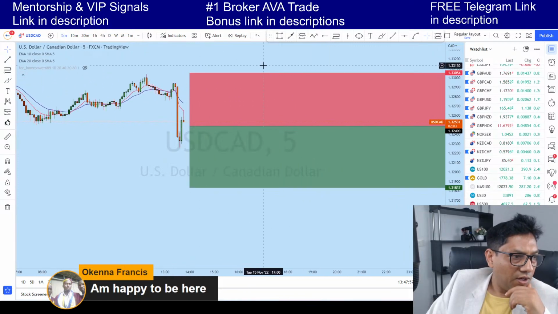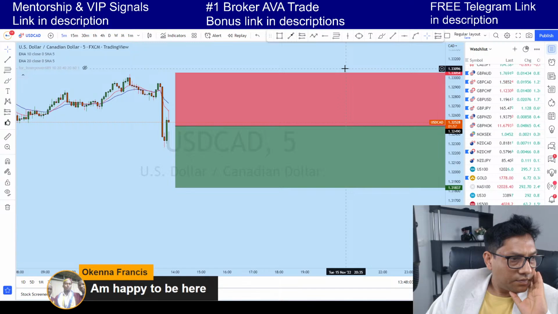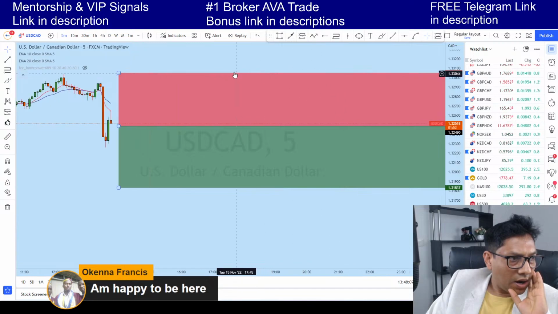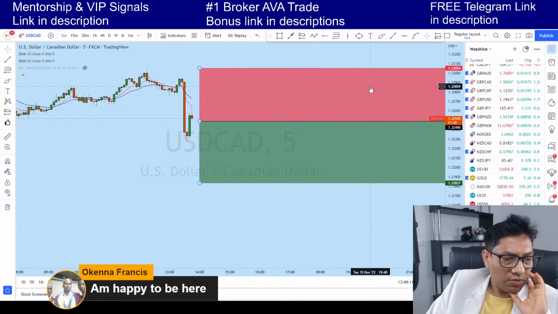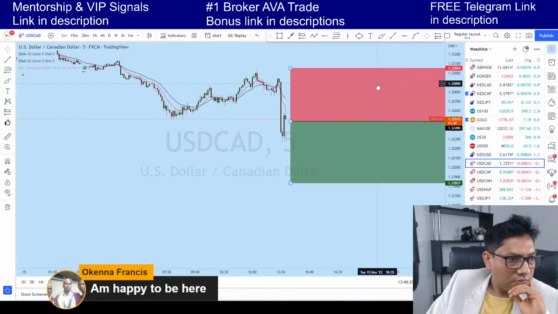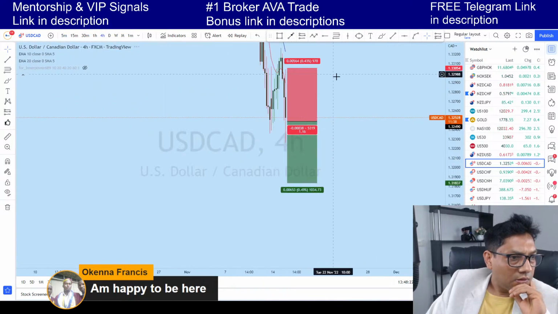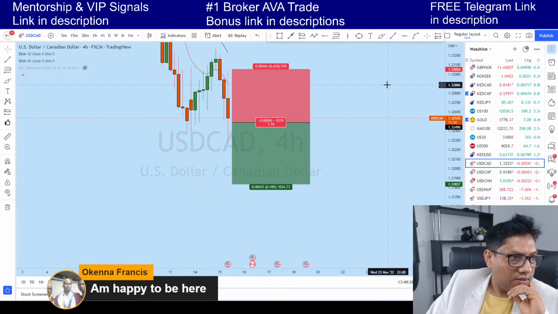Looking at the 5 minutes to see how the price action is forming. Let me know in the chat how many of you are now trading USD CAD. And then I will analyze why I have opened USD CAD.